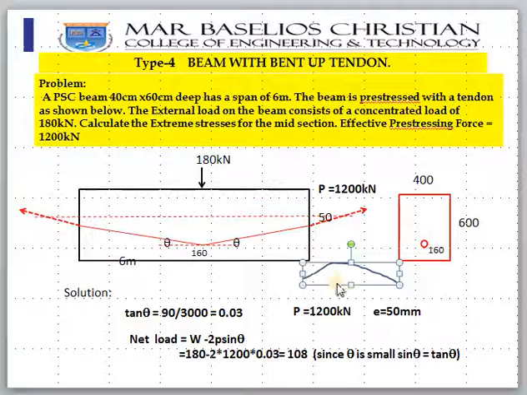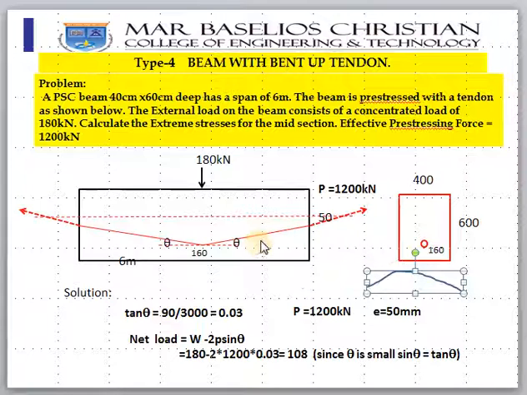So top will be negative, bottom will be positive. Remaining, you can find tan theta, right? For tan theta you should take this distance, the opposite side by adjacent side. So 90 by 3000 comes to 0.03, and net load will be W minus 2P sin theta, which we have explained before.